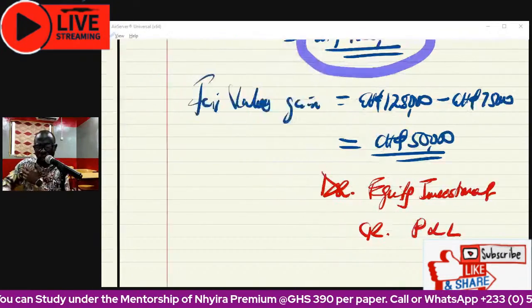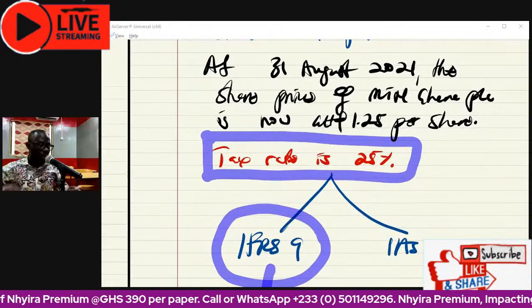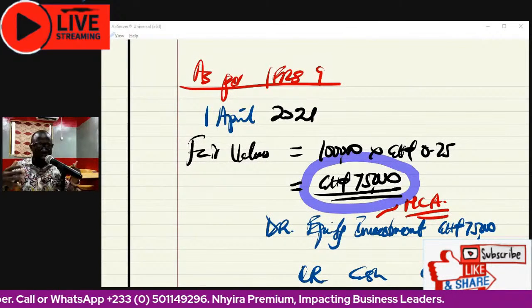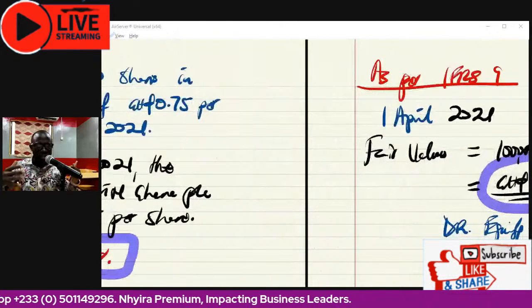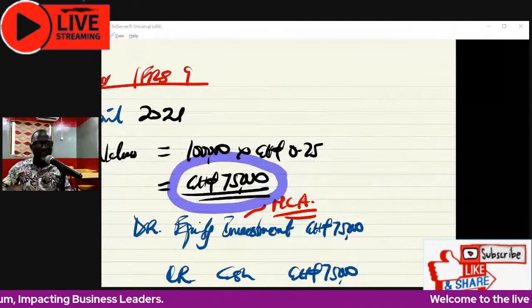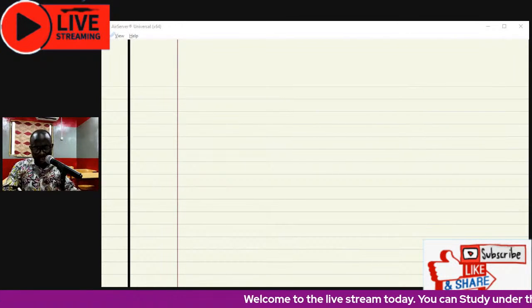But you are not done, because the examiner trapped you with a tax rate. So the question you then ask yourself is, what is the tax consequence of the shares that KK Limited has bought? At the end of the year, the entity is carrying the assets.